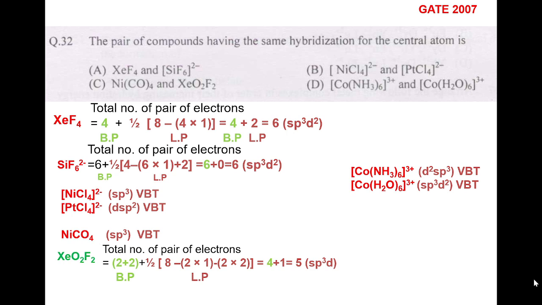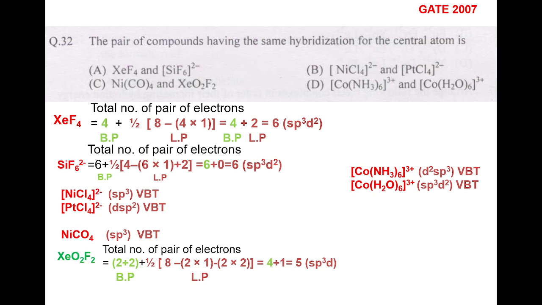Here in the case of XeF4, we are getting total pairs of electrons 6, so that is sp3d2. In the case of SiF6 2 minus, we are also getting 6 pairs of electrons, so the hybridization is sp3d2. For tetrachloronickel 2 minus, the hybridization comes from valence bond theory, so we are not going to discuss the hybridization of these complex molecules; you can study it in your textbook.